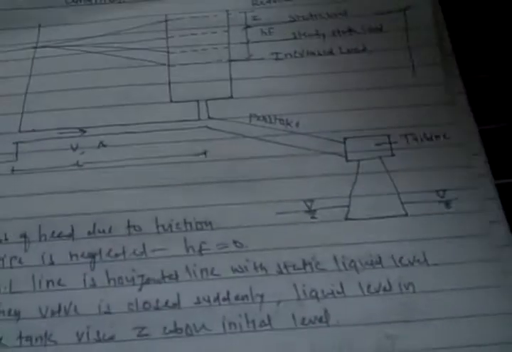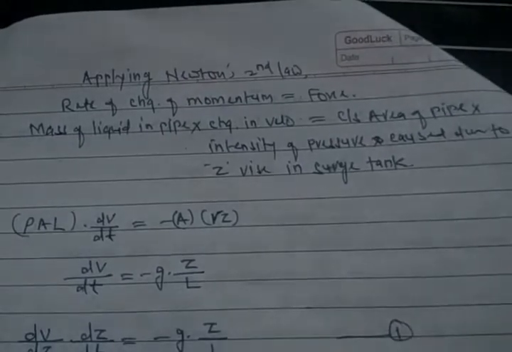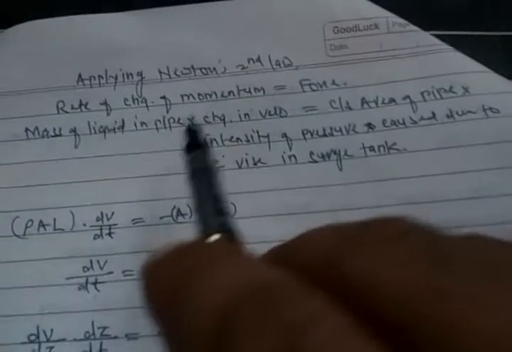Now applying Newton's second law, rate of change of momentum is equal to force. Rate of change of momentum is mass into acceleration, and acceleration is change in velocity divided by time.